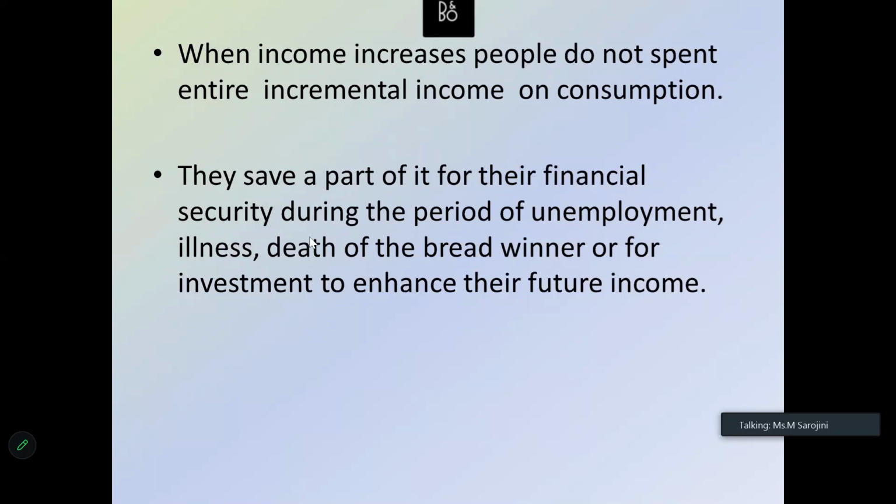That means they save their money for the future, for financial security, when they have planned to utilize that money during unemployment or after retirement, also for illness, death of their breadwinner, or investment to enhance their future income. This is the purpose of the saving, right?